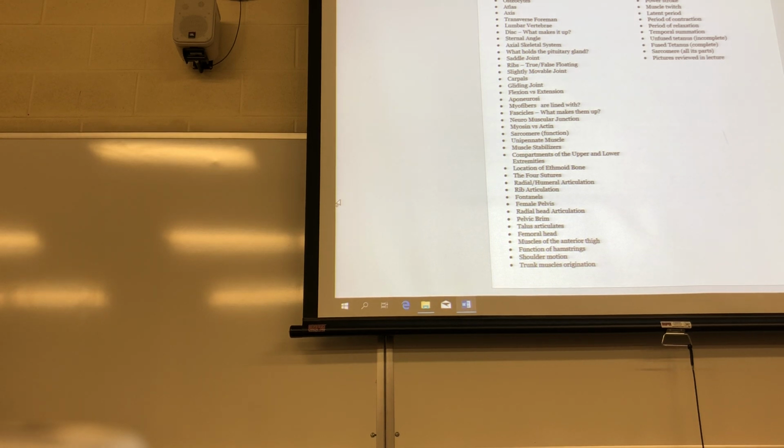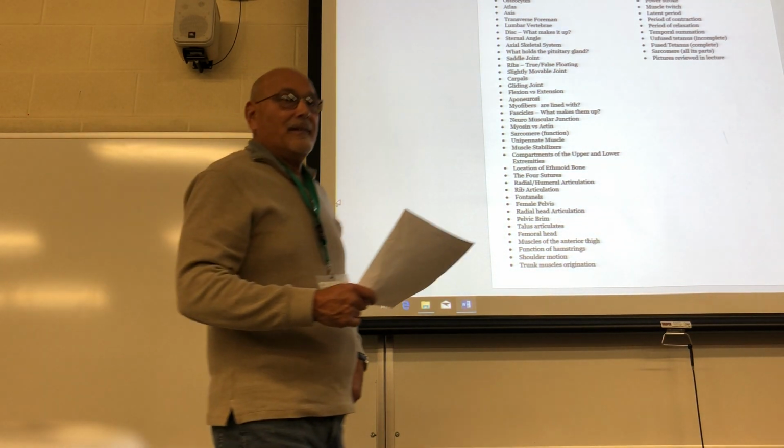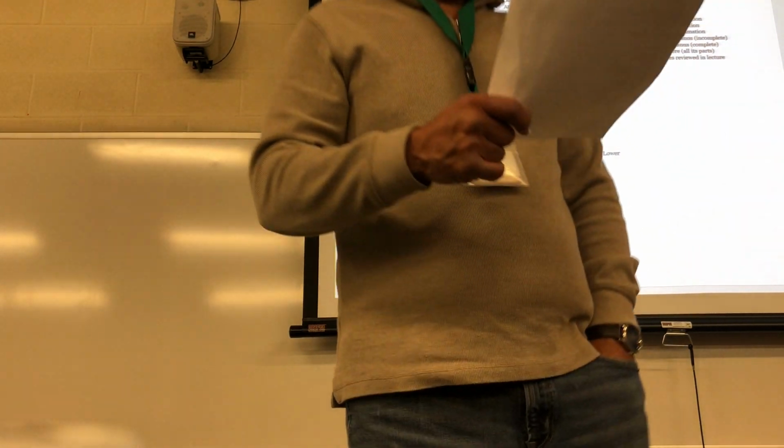Amphiarthrodial is slightly movable. Come on, we went over this stuff when we did joints, people. It's in your notes, it's in your PowerPoints.